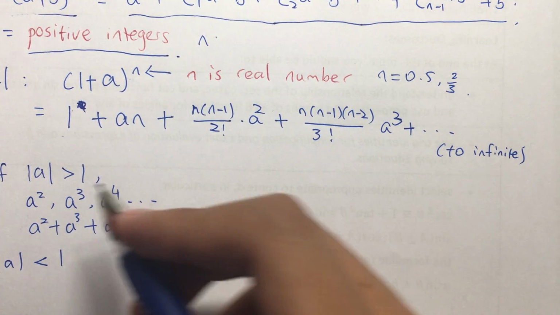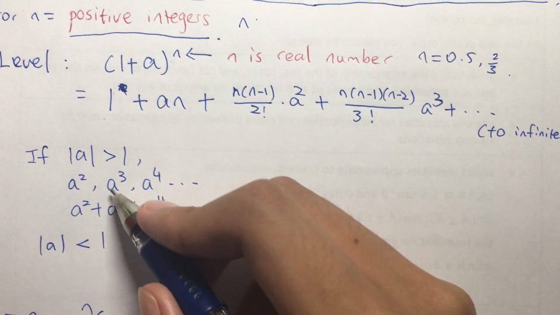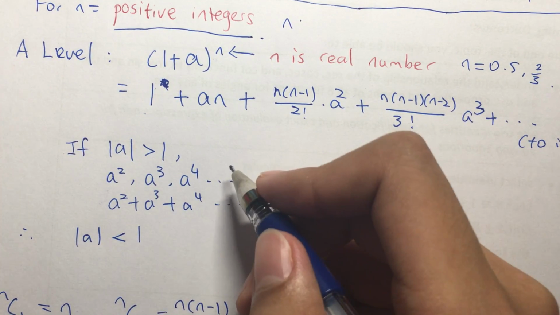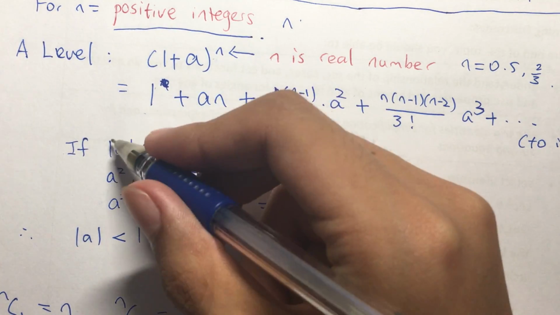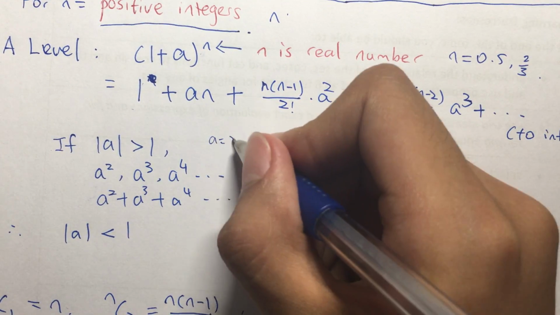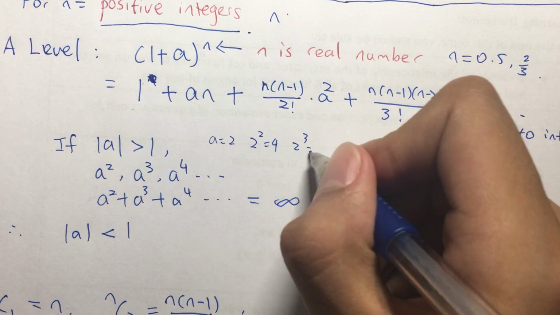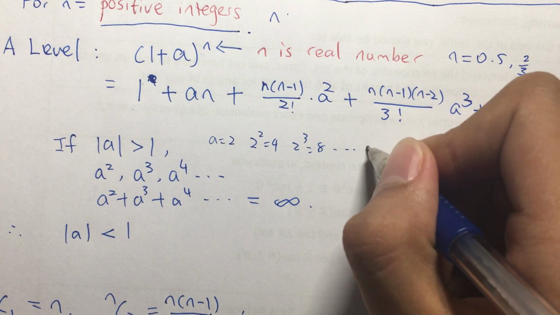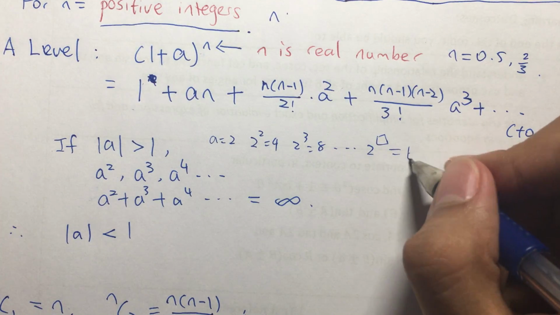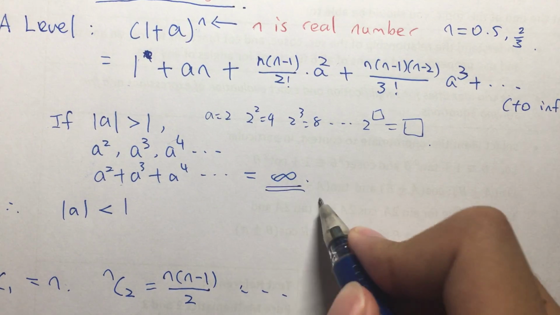However, now consider this case. If we have a squared, a cubed, a to the power of 4, into infinity. If the absolute value of a is greater than 1, such as a equal to 2, then 2 squared is 4, 2 cubed is 8, and then 2 to a very big power will give a very big number. So our sum of that is equal to infinity.